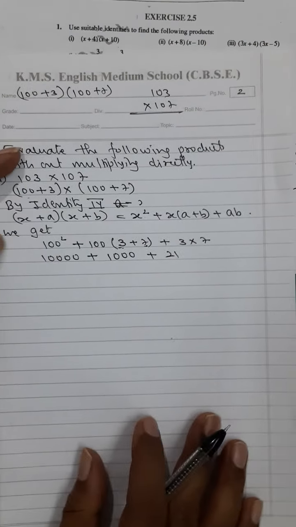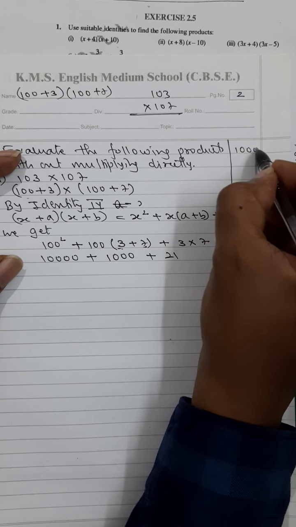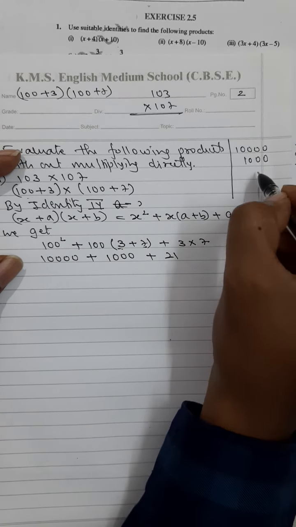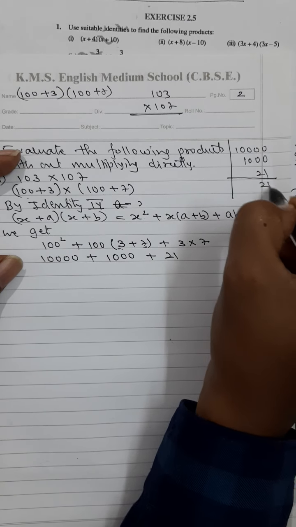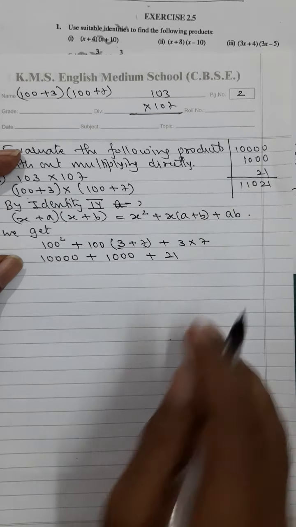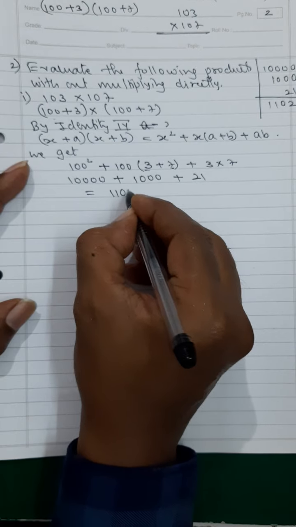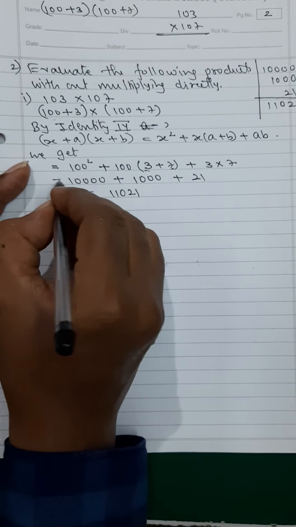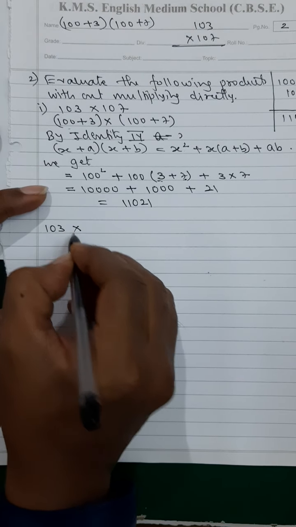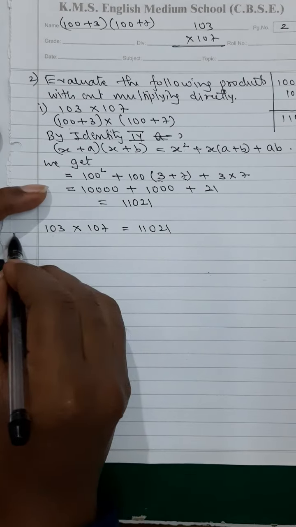And now all this you have to add. This will become 10,000 plus 1000 plus 21. The answer will be 11021. So you can tell 103 into 107 is equal to 11021.